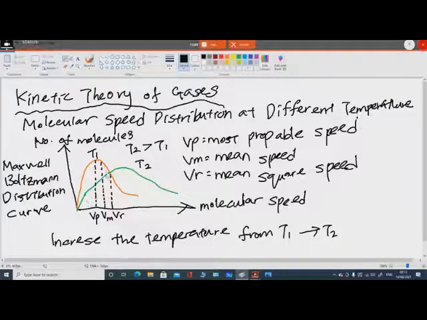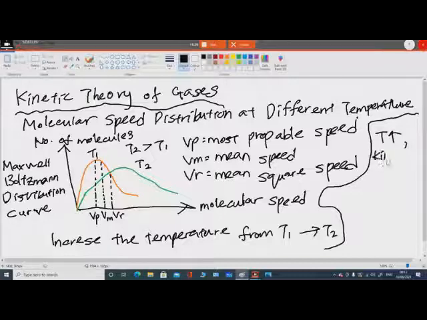So why is this so? This is because, when the temperature increases, let me write it here. So let's say my temperature increases, so the kinetic energy gained by the gas increases.